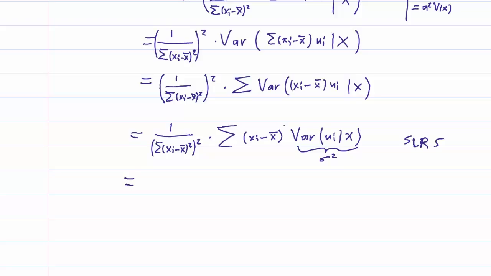Oh, I forgot the square here. So be careful: xi minus x bar, when you take it out of the variance, you have to square it. So I'm going to rewrite this: 1 over the sum of (xi minus x bar) squared, the whole thing squared, times the sum of (xi minus x bar) squared, times sigma squared.